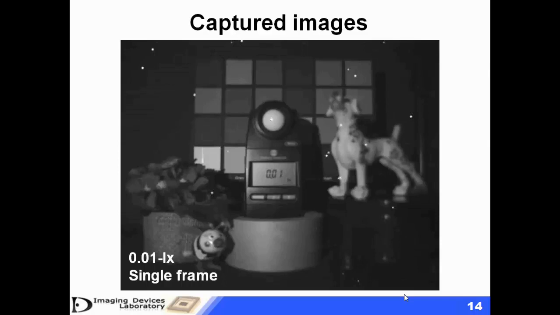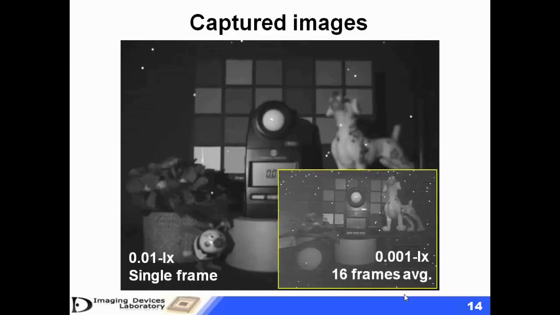Then I changed the illumination condition from 0.01 lux to 0.001 lux, which is 10 times smaller than this illumination condition. Of course, the white specks increase, but this is a very dark scene. Still, we can obtain a very clear image of the targeted object by using our developed sensor.